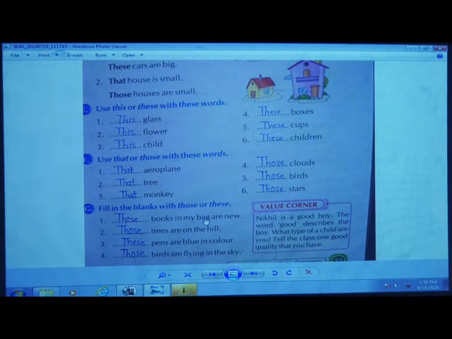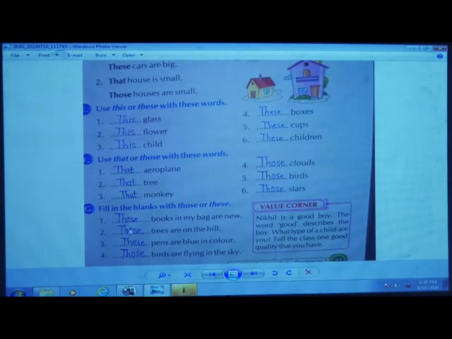Books are near us, okay? And there is more than one book. So we say these books in my bag are new. For this we will use these, not this, because there is not only one. Though they are near to us, there are many books. So we use these.